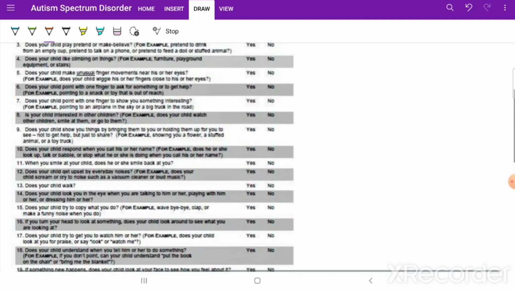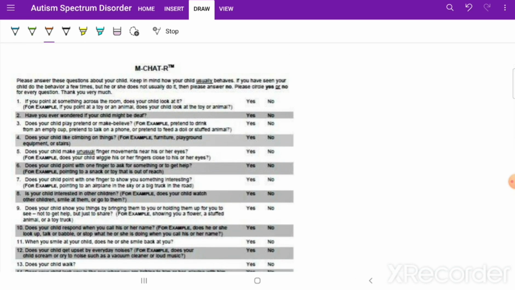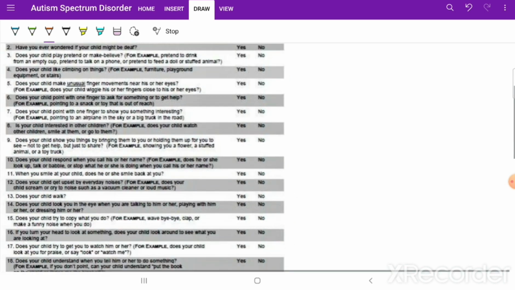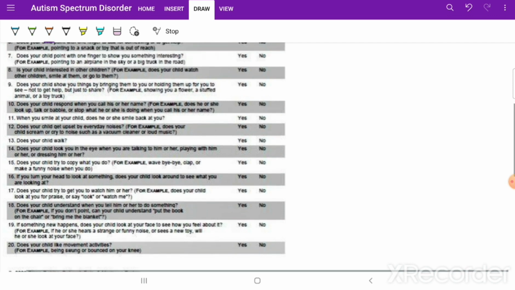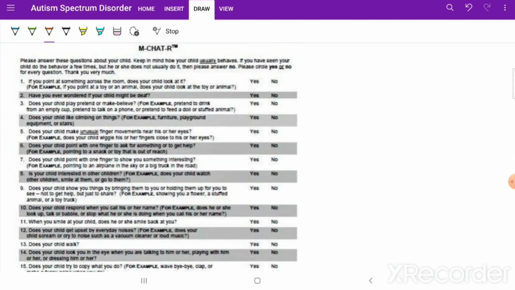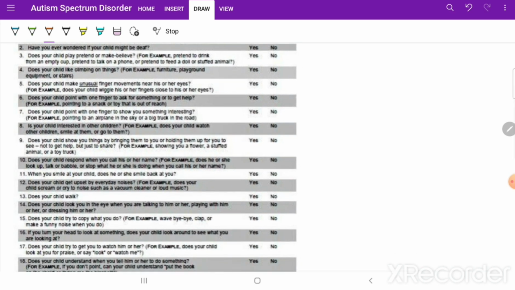For the total score, you add one point for all no's, except for questions 2 and 5 and two more, which I'm not able to recollect.